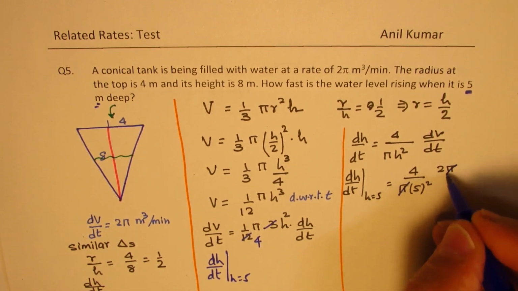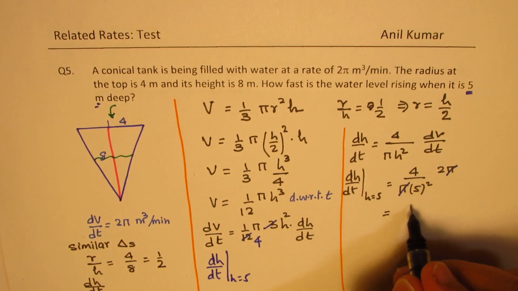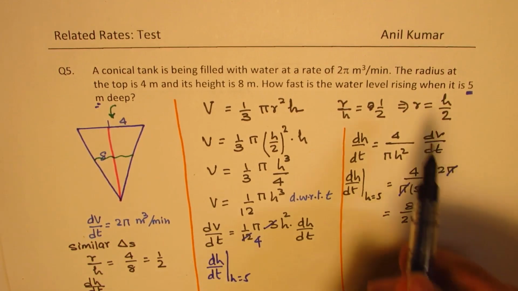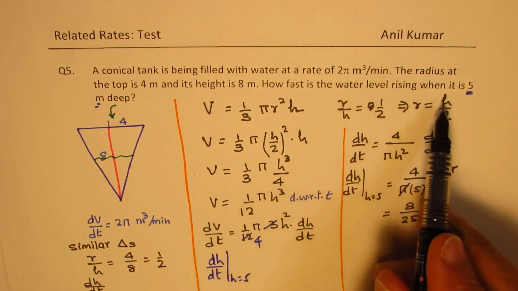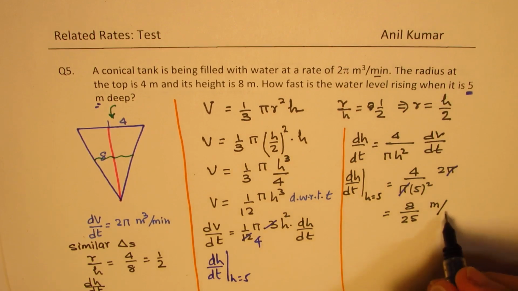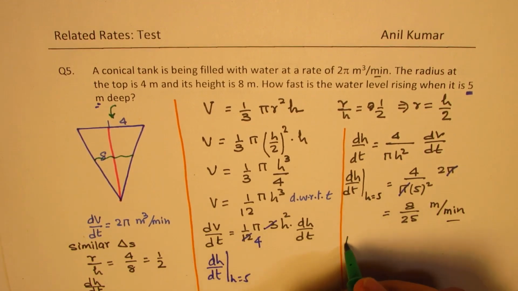So that becomes 8 over 25. The units will be meters per minute, since we want the rate of change of height. Is that clear? That is how we answer this particular question.